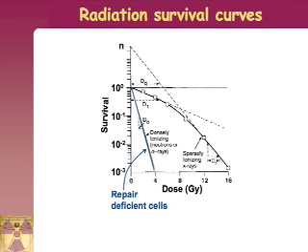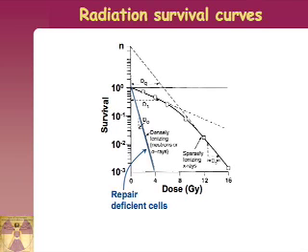This one has what we call a shoulder. It has a more gradual initial slope, and then at a certain point that gradual slope stops, and we get a linear response as the dose continues to increase. For some cell lines, or with densely ionizing radiation, you don't see that. You just get an immediate straight decrease with dose.